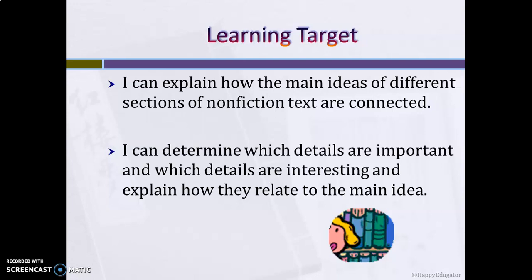When we summarize a text, we determine the main idea and the supporting details. We have to sort through all of that information and present what's connected to the main idea, and maybe not include the interesting information that is fun or cool to read about but might not connect to the main idea.